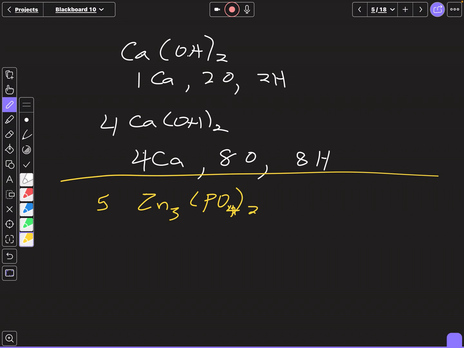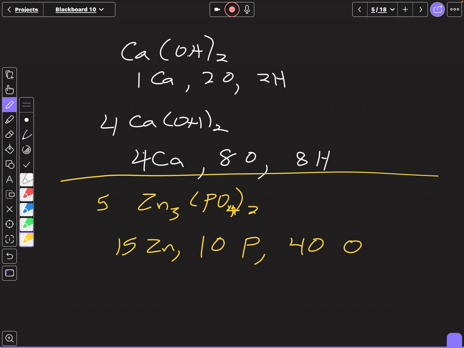Now, normally I would have 3 zincs, but I can multiply that by 5, so that would give me 15 zincs. For the phosphorus, I have 1 on the inside of the parentheses times 2. That'll give me 2 phosphorus, times 5, that would be 10 phosphorus. Then oxygens, I have 4 on the inside of the parentheses times 2 on the outside, that gives me 8. And then multiply that by 5, that would give me 40 oxygens. And that's how you count atoms.